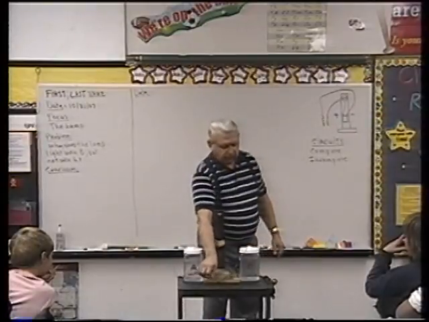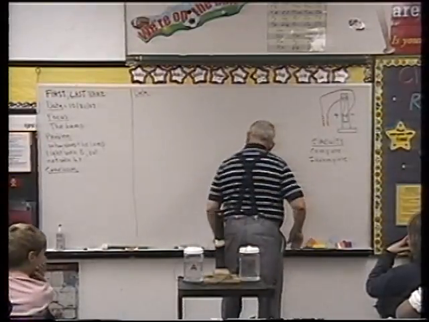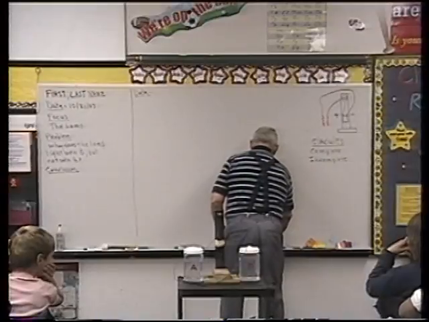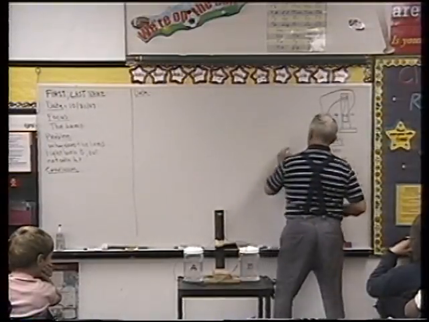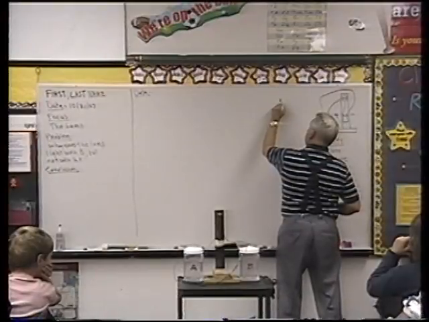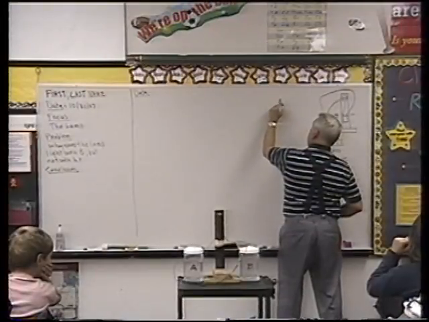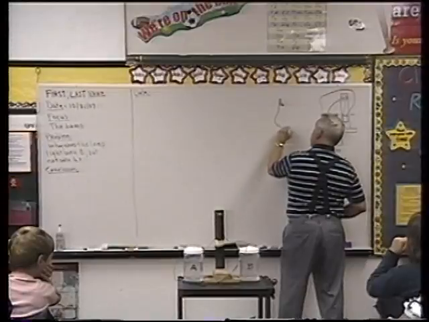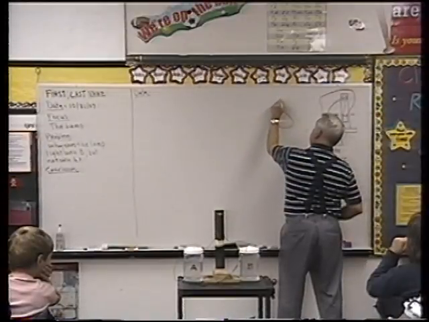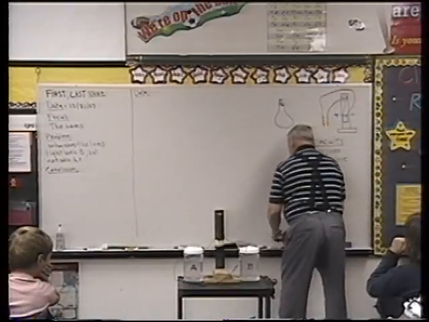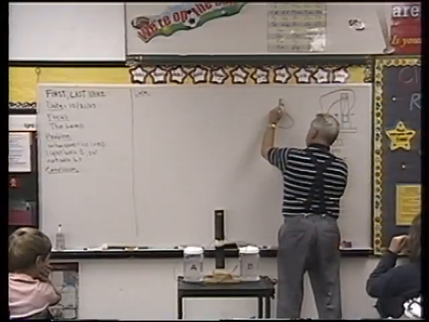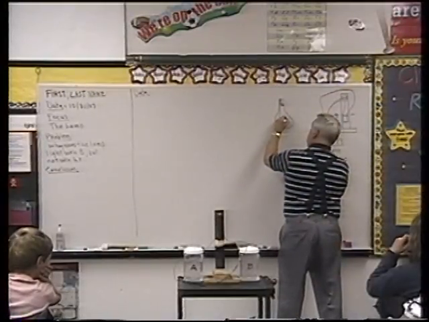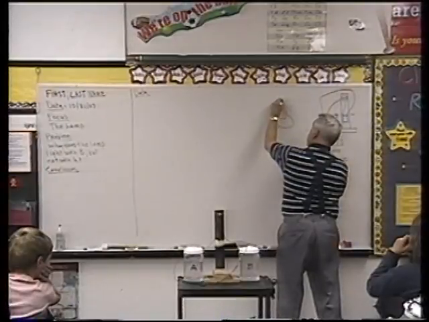The reason that an electric lamp works is that I'm going to draw a big version of a light bulb here. Thomas Edison invented the light bulb. In the light bulb, there is a little wire called a filament, and if you look at a clear light bulb sometime, you'll see this.